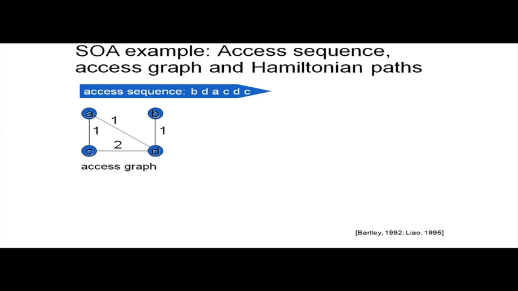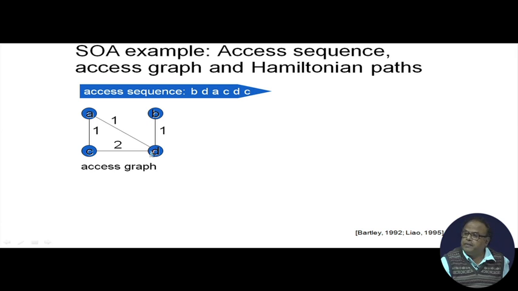The first thing that is built is an access graph, where each of the nodes are different accesses, and there is an edge between two nodes if they are adjacent accesses. So, B is adjacent to D, D is adjacent to A is adjacent to C is adjacent to D is adjacent to C. So, that is how we form the graph.